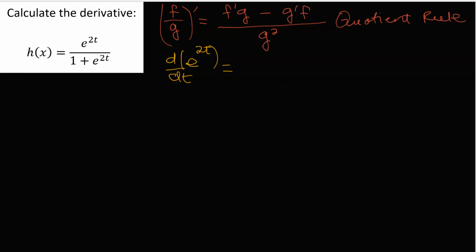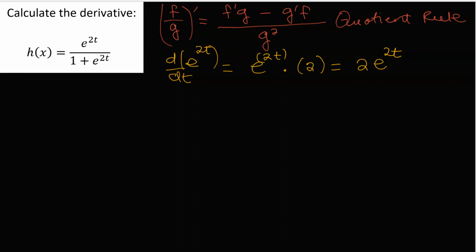So the derivative of e to the 2t is e to the 2t as it is, multiplied by the derivative of the inside function, which is 2. And you can write that as 2e to the 2t.